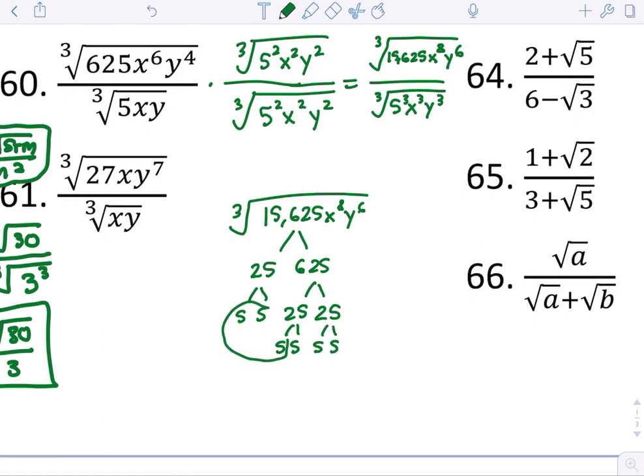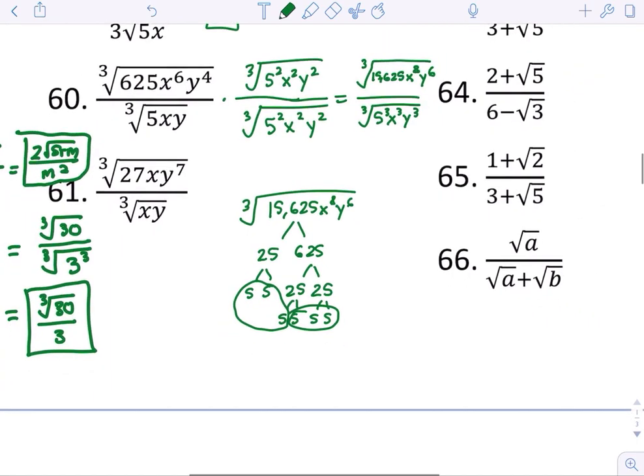Pair of 3's right there, pair of 3's right there. So it's going to be 5 times 5 on the outside, cube root. So this 3, right, goes into 8 2 times, so x squared, and there's going to be 2 remainders. This 3 goes into the 6 2 times, so y to the second.